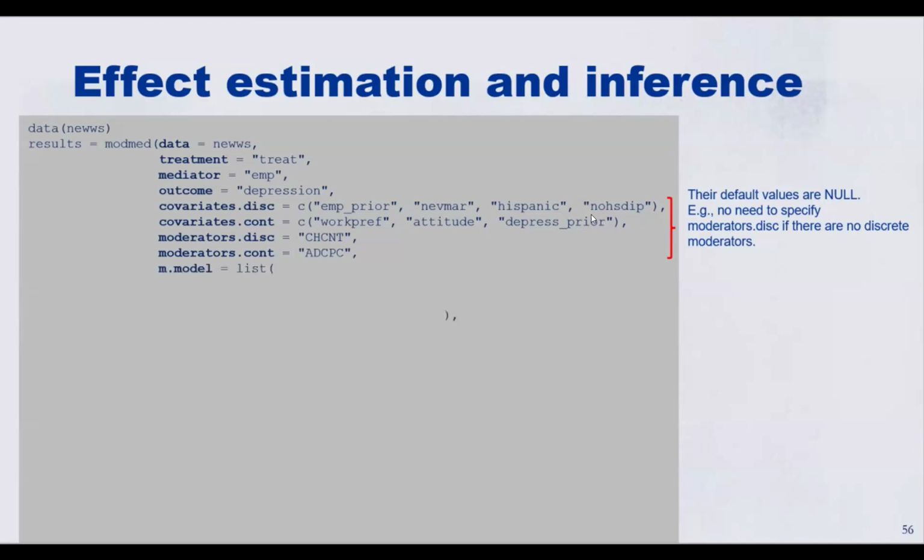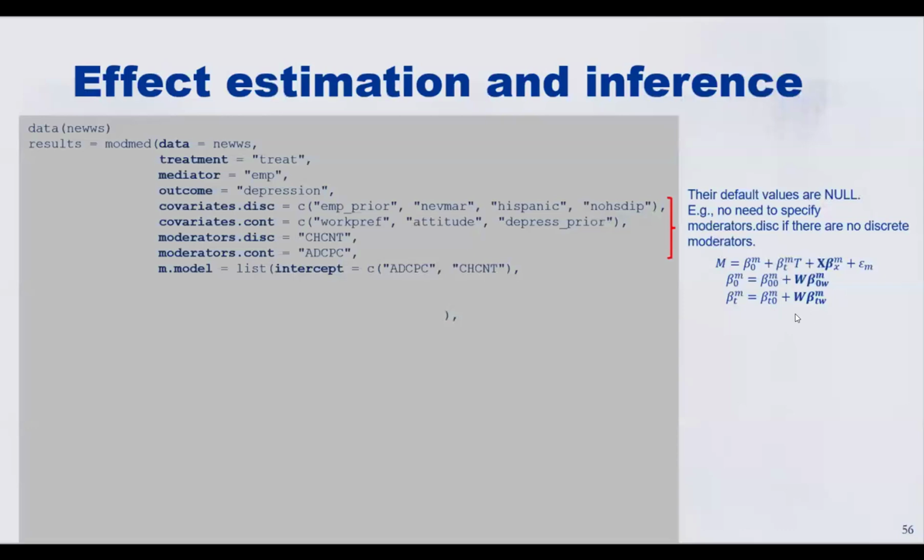And now is the time to specify the most important part, m.model, the mediator model. You write it as a list. So now try to recall our mediator model. This is our mediator model that I showed earlier. This is the main model, and I write the intercept as a function of the moderators, which gives the main effects of the moderators.